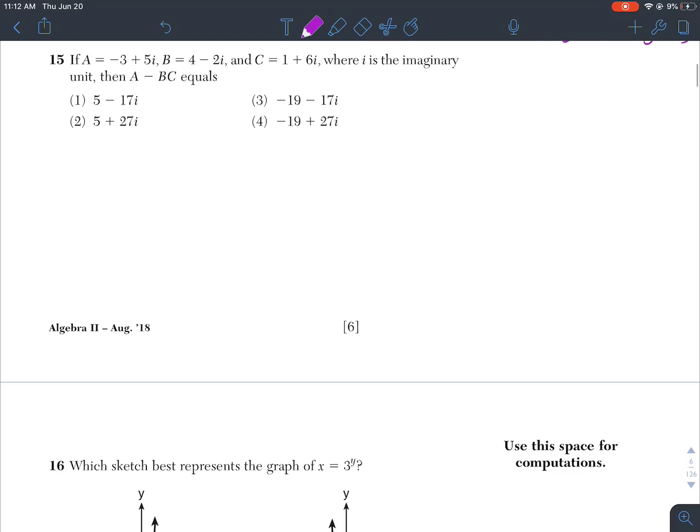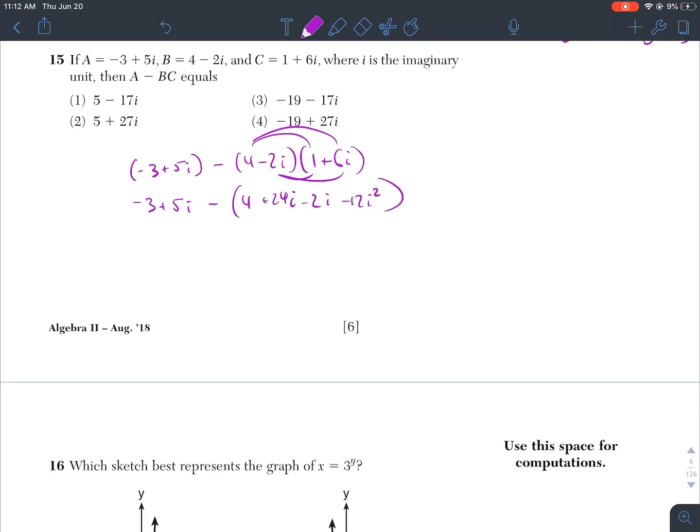Next up, for 15, A is negative 3 plus 5i, B is 4 minus 2i, C is 1 plus 6i, where i is the imaginary number. So you do negative 3 plus 5i minus 4 minus 2i times 1 plus 6i. That gives us negative 3 plus 5i minus 4 plus 24i minus 2i minus 12i squared. We need to remember that i squared is the same thing as negative 1, so this becomes positive 12.